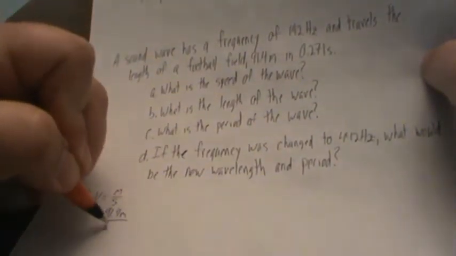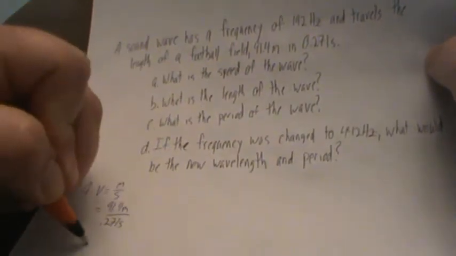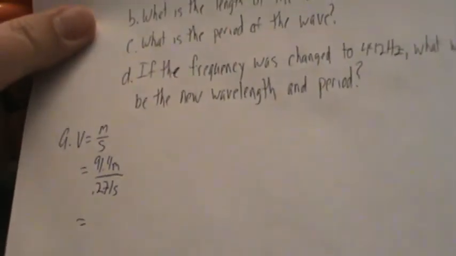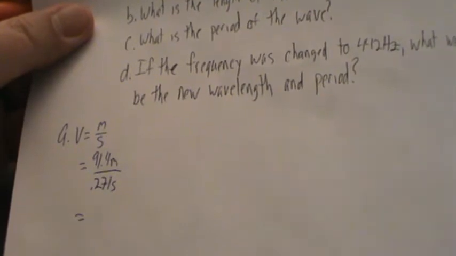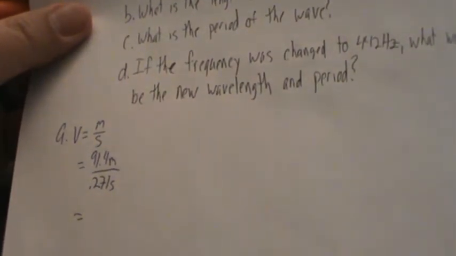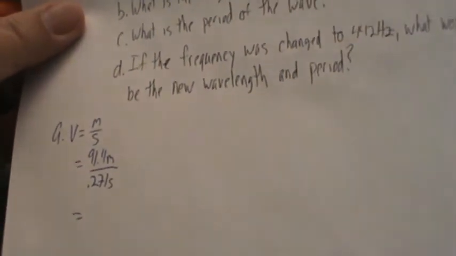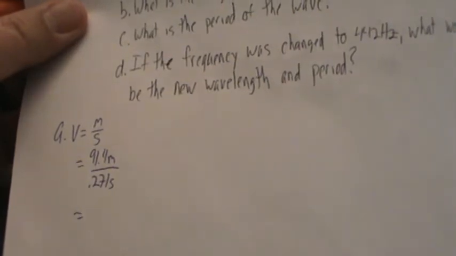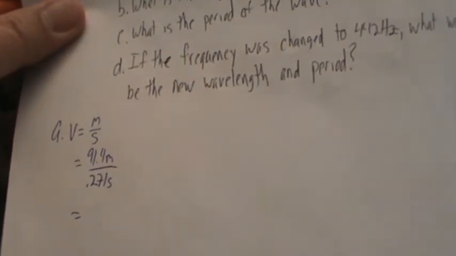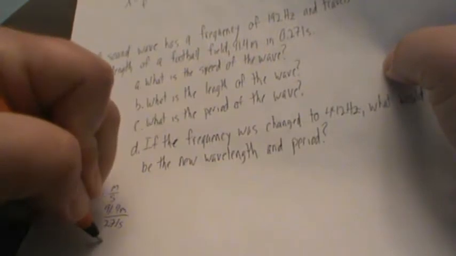Time is 0.271 seconds. So if we take 91.4 divided by 0.271, our speed or velocity is 337 meters per second.